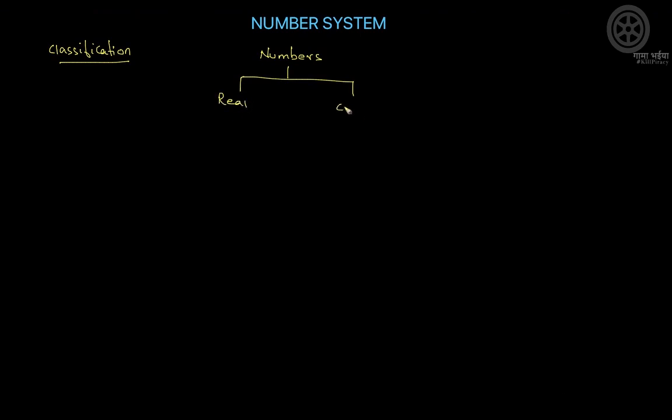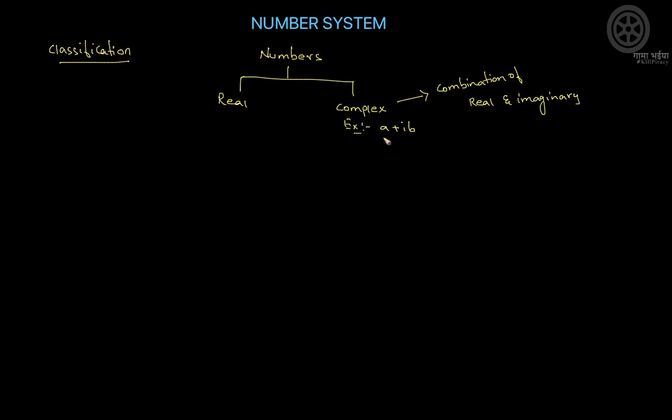real numbers and complex numbers, right? A complex number example is a plus ib. The complex number is the combination of a real number and an imaginary number, right?